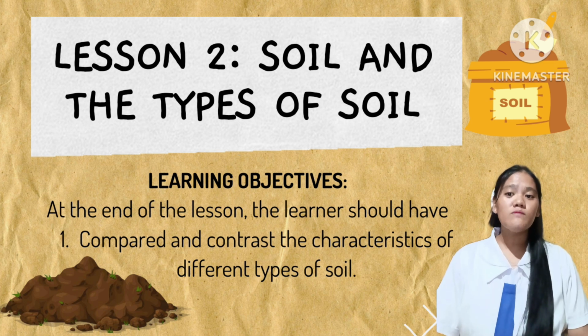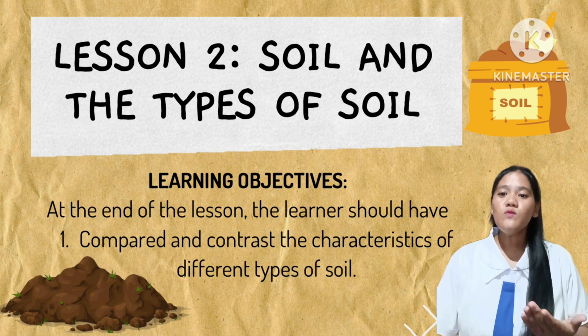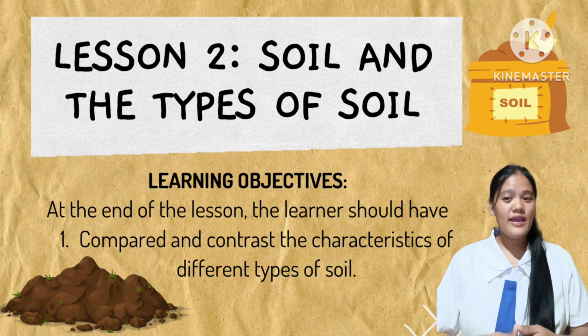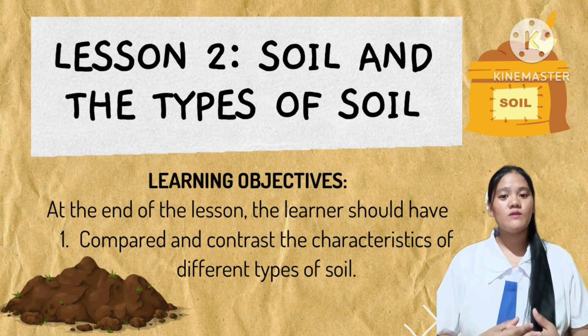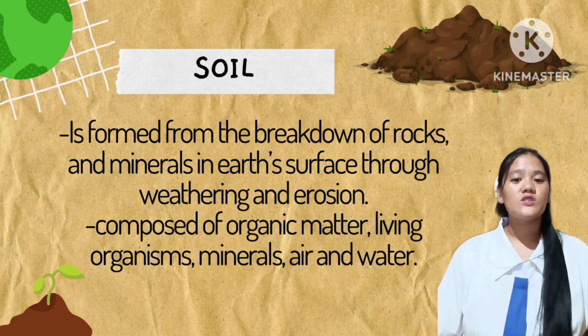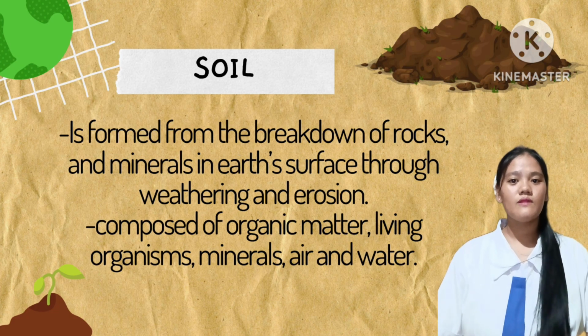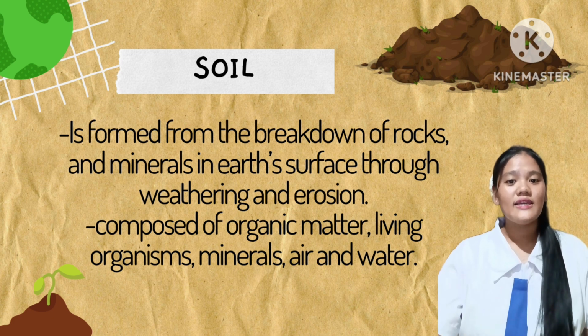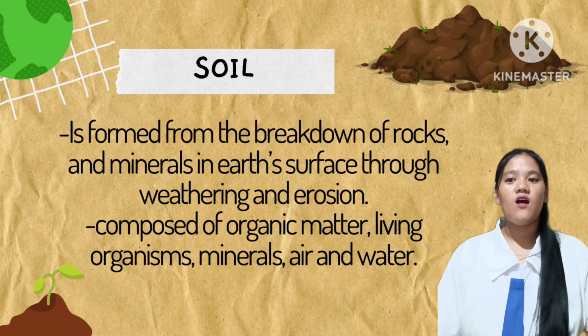So, our lesson for today is all about Lesson 2, Soil and the Types of Soil. Our learning objective is, at the end of the lesson, you will be able to compare and contrast the characteristics of different types of soil. So let us know what soil is. Soil is what plants need to grow besides air, water, and sunlight.